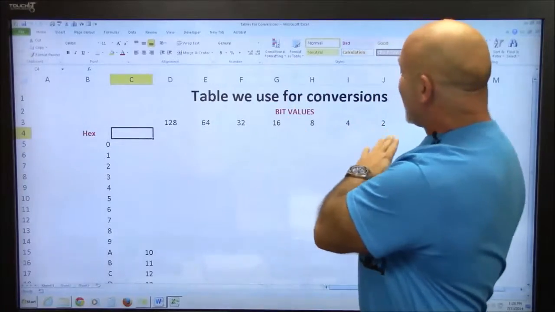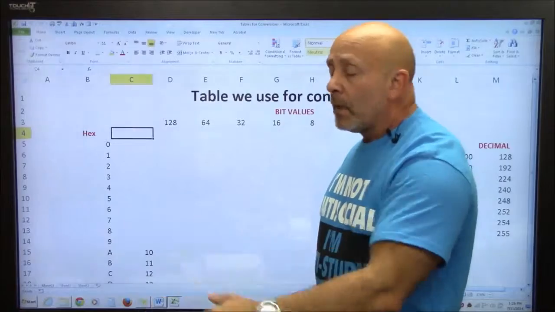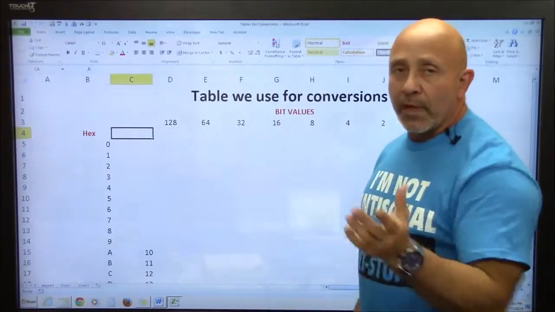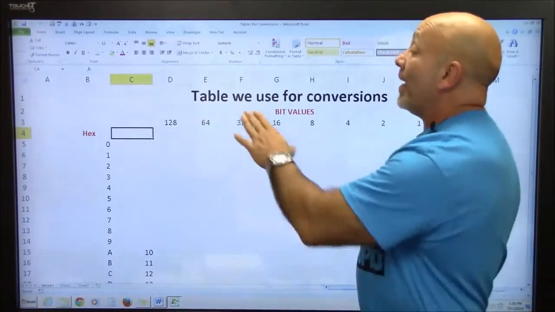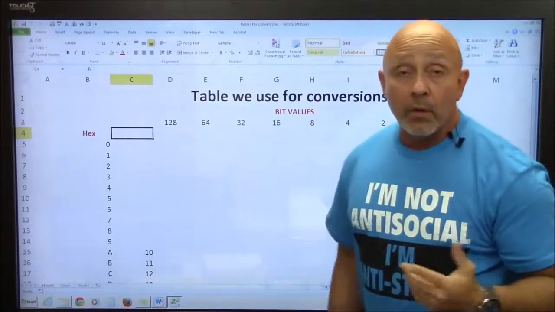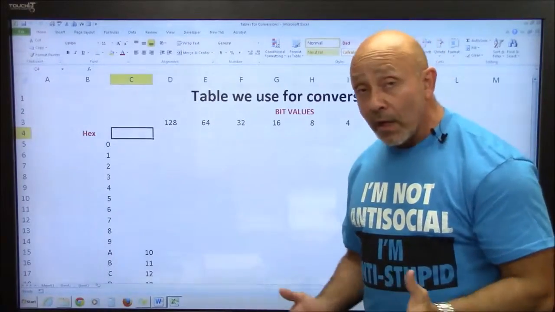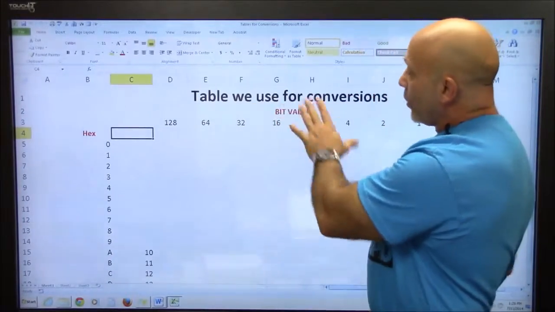Each one of those has its particular bit value, and they're the same throughout each octet. Of course, here we're not going to be converting IP addresses. But if you were to add all these bit values together, it comes out to 255. That lets you know that the maximum value of any octet is 255. So again, we use this to convert.